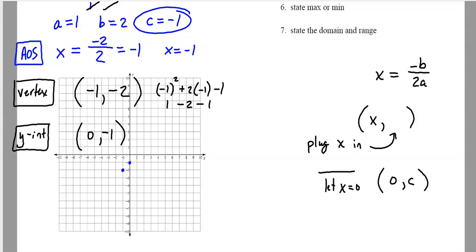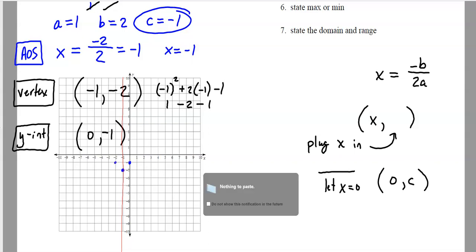And we knew our axis of symmetry; we got the axis of symmetry to be right here at -1. So we can find our other point by just using symmetry. We can bounce across the line here, and we can get that point. And now at this stage in the game, we can play our normal move where we go over 1, up 1, over 2, up 4.